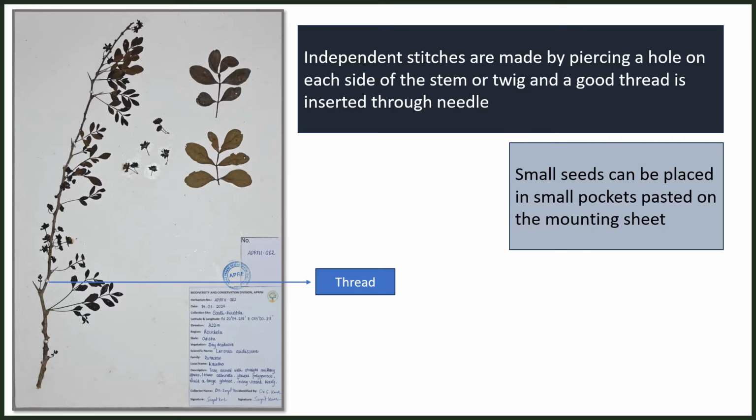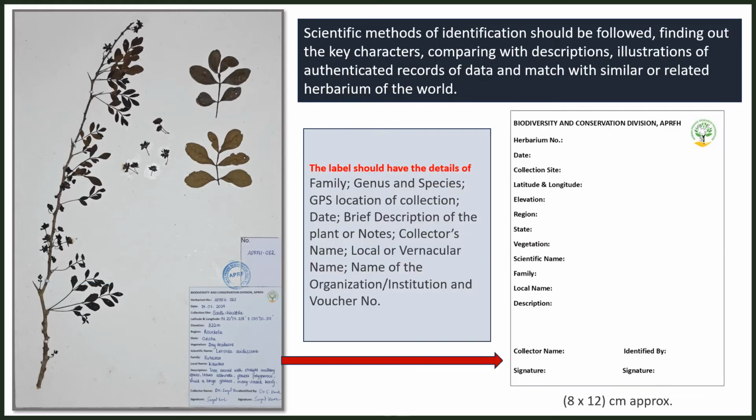You'll find in some places that orchid seeds are very minute and very fine. Such fine seeds can be attached inside the pocket, which is attached to the mounting sheet.